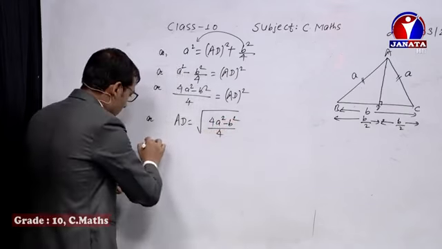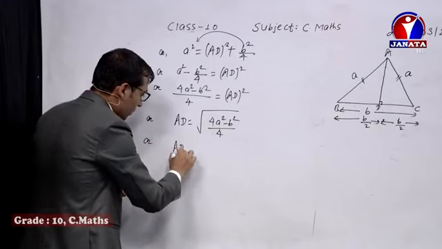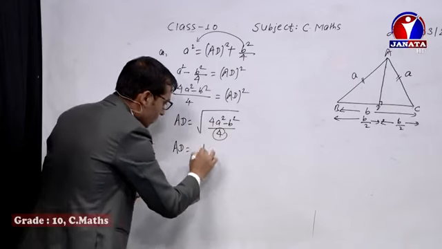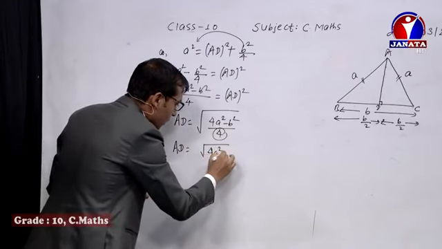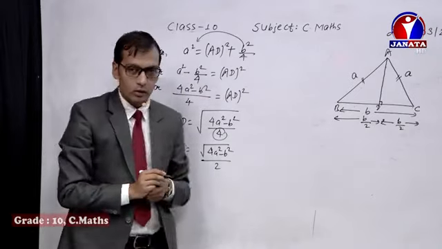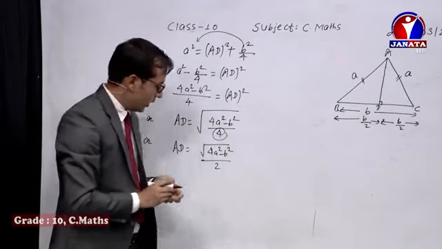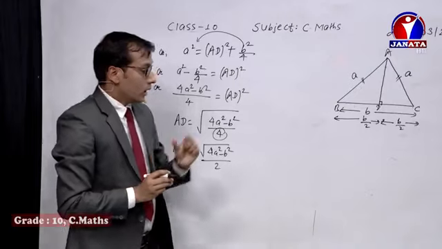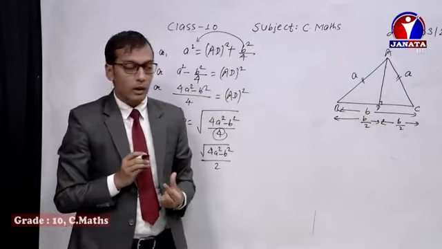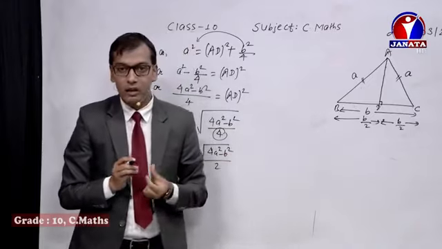by 4, or therefore AD is, what is square root of 4? It's 2. So 4A square minus B square over 2. This is the height. Now actually I am deriving the formula for area of an isosceles triangle.